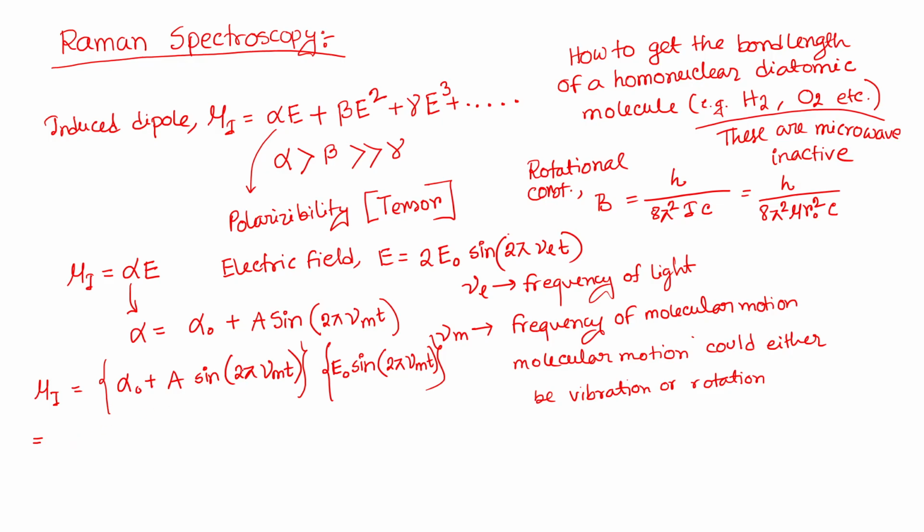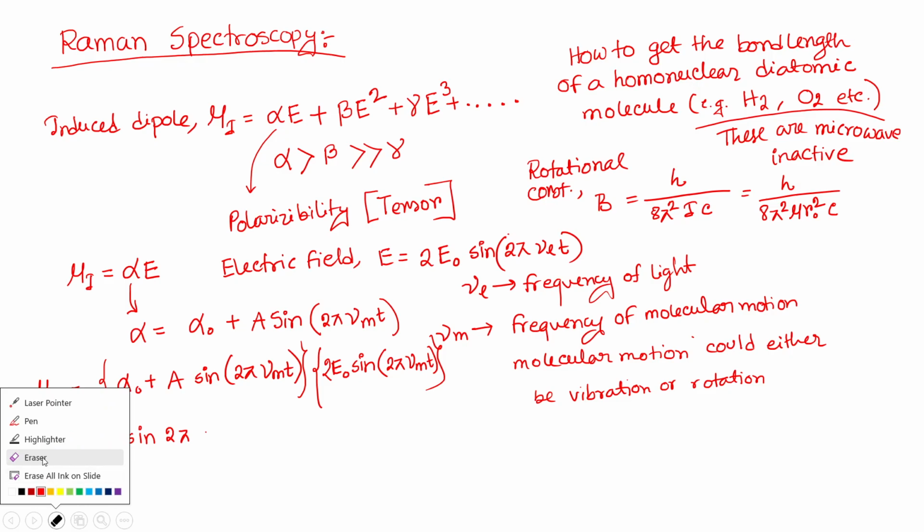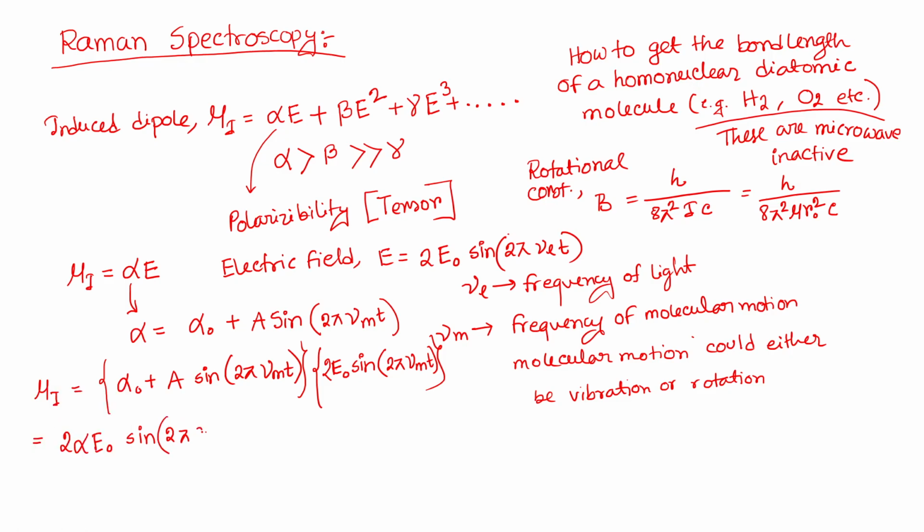So I have made a mistake here. The first part is 2 alpha 0 E0, which is constant, times sin(2π ν_L t).